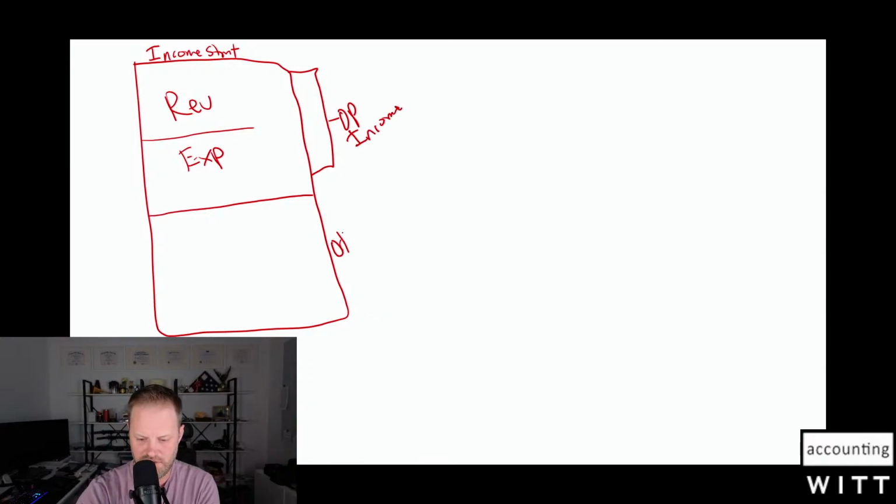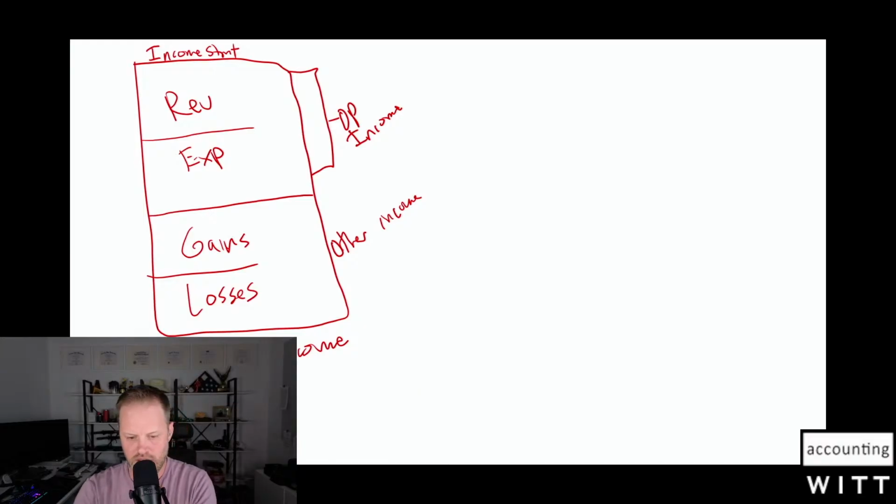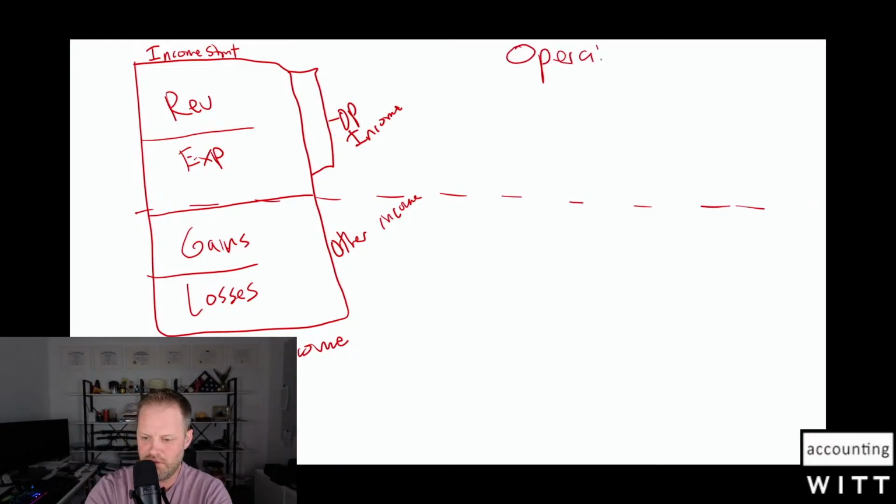And then let's say this is other income. The whole thing gives you net income. But this is your gains and losses. Well, this whole thing is operating.